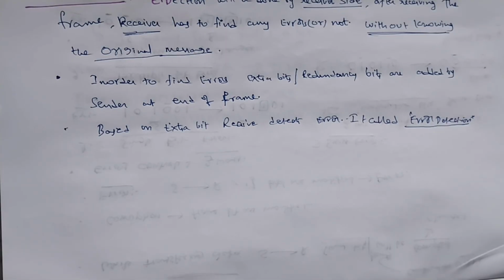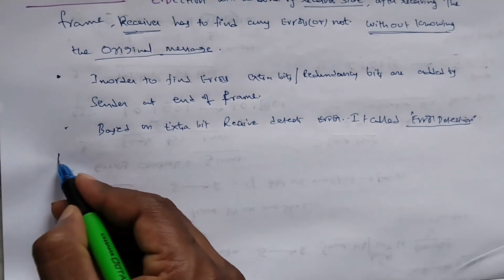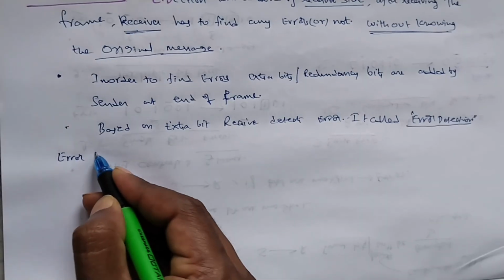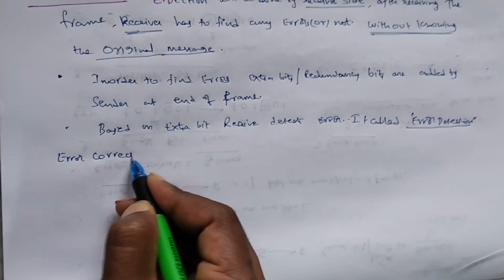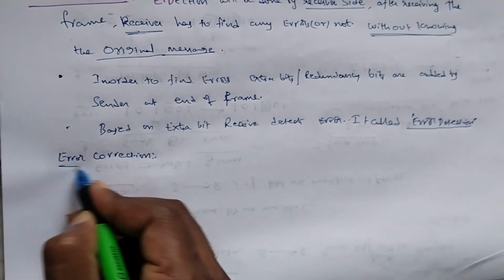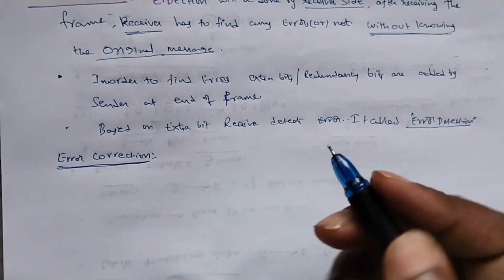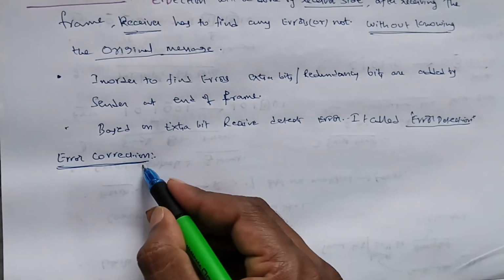For that purpose, we need error correction. What is the meaning of error correction? Error correction is nothing but finding in which position we got the error.